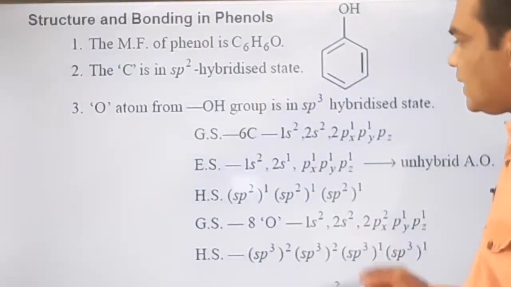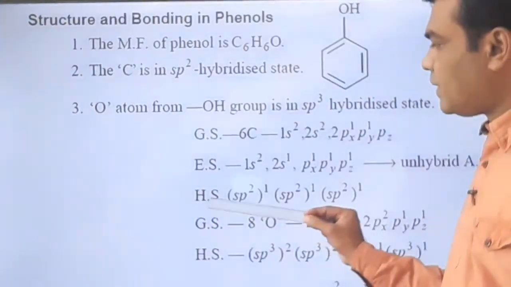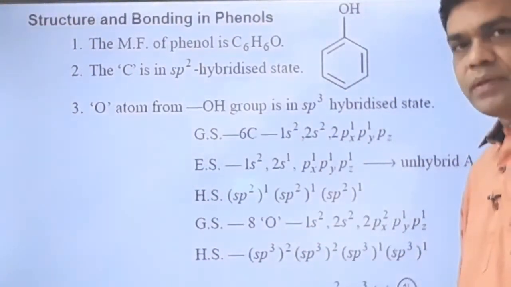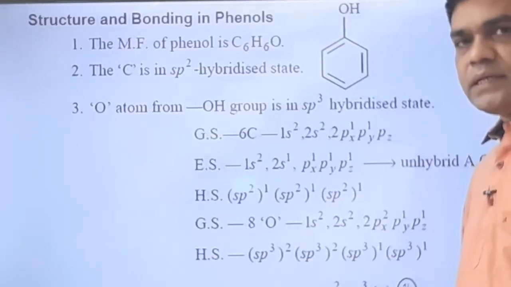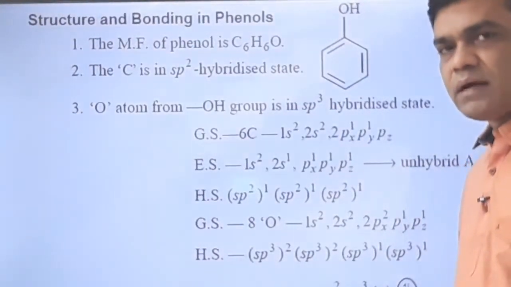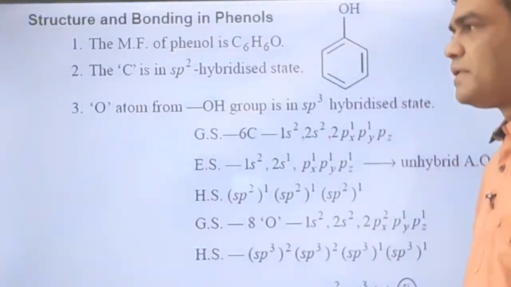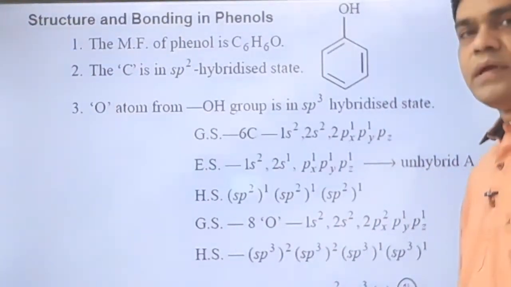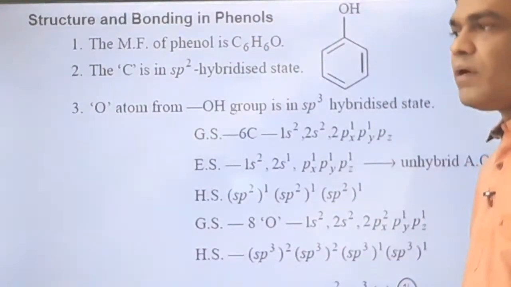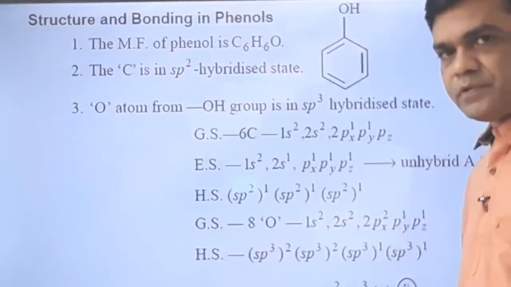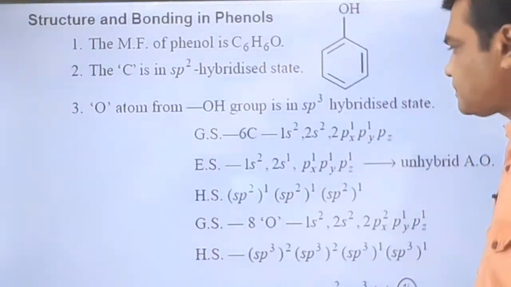Now, the carbon atom in the hybridization state. Hybridization is the mixing and recasting of atomic orbitals having the same or nearly the same energy to give an equivalent number of hybrid orbitals which have the same energy.